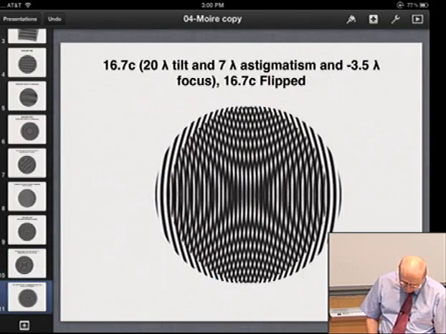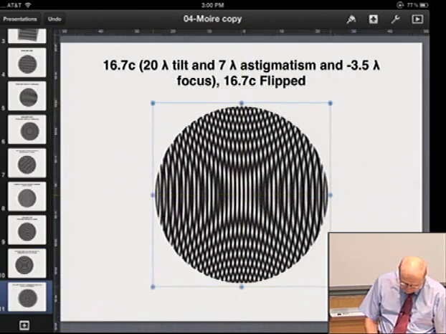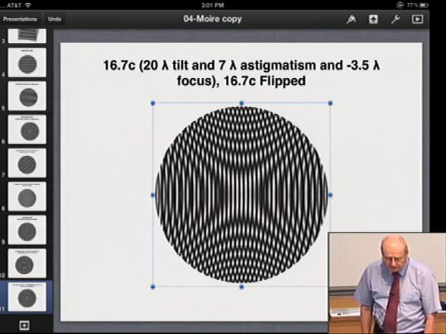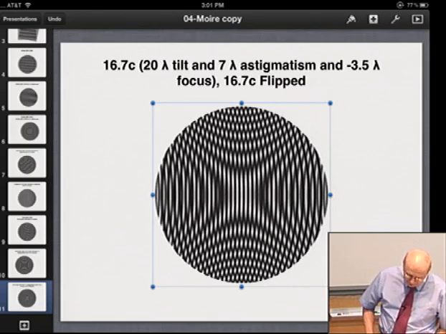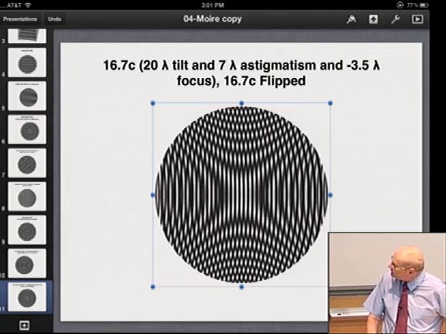And one more down here. So 20 of tilt, well, 2 of these are the same. The 20 of tilt, 7 of astigmatism, minus 3.5 of focus, and they're flipped. And so you're seeing the sum.